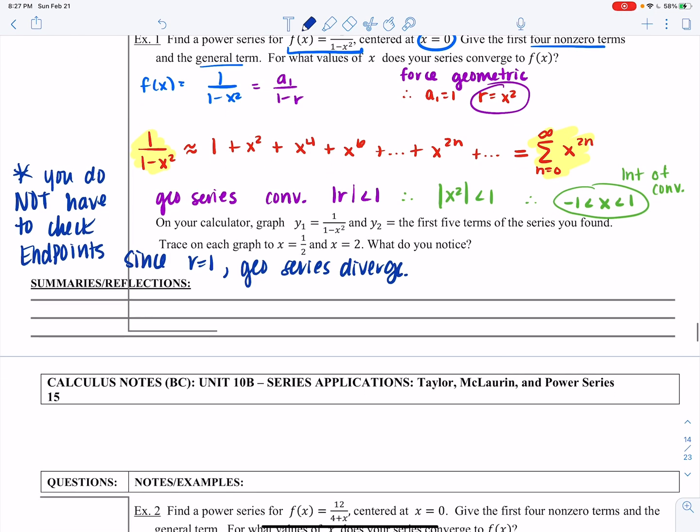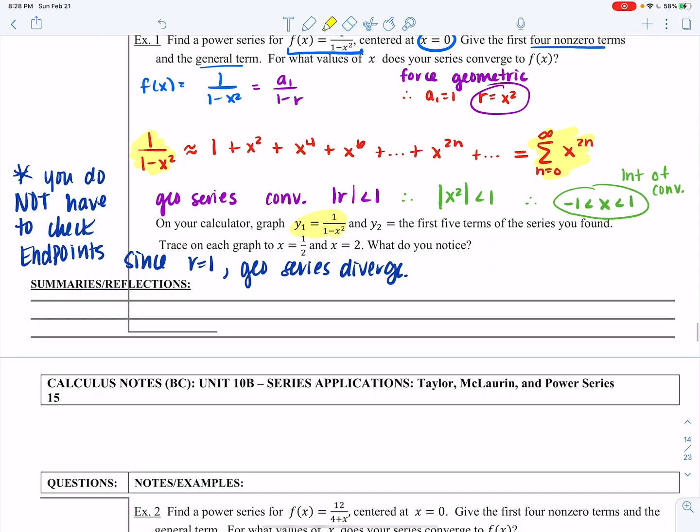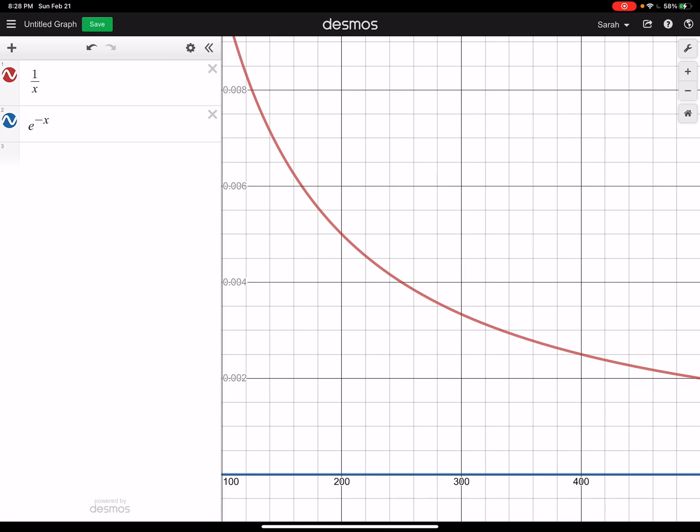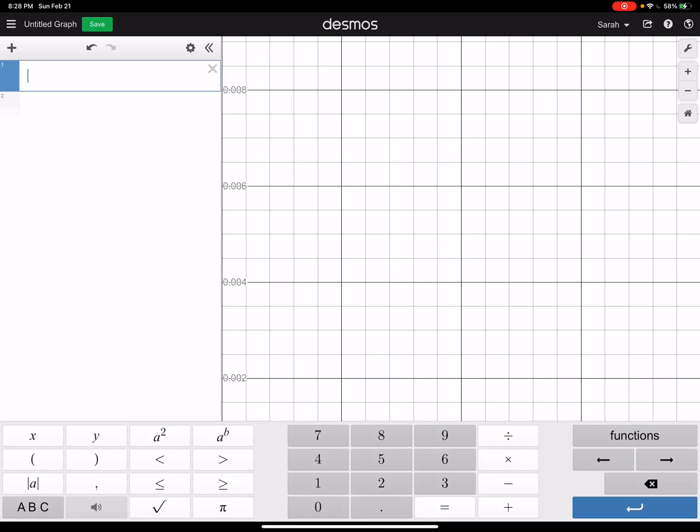So what I'm going to ask you to do is go ahead in your graphing calculator. I want you to graph 1 over 1 minus x squared, and then I want you to do the first 5 terms of this series. Okay? So let's do that. Let's go to Desmos, clear this out. Let's graph 1 divided by parentheses 1 minus x squared.